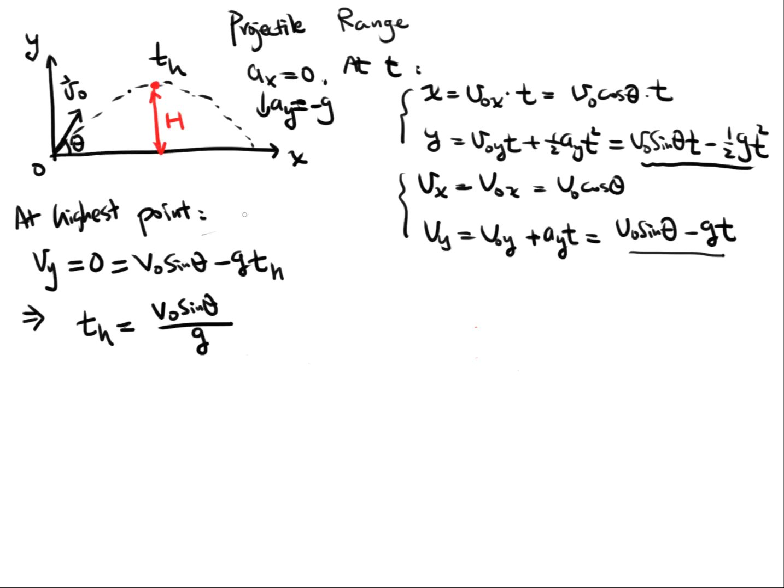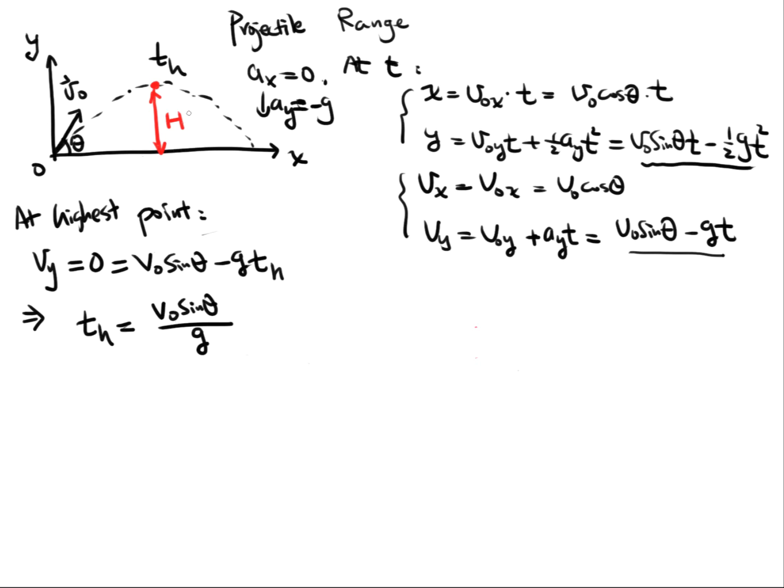In this video, I will talk about how to calculate the projectile motion's range. We already calculated the highest point that can be reached by a projectile, and we figured out the time for that instant is this expression, v naught sine theta over g.